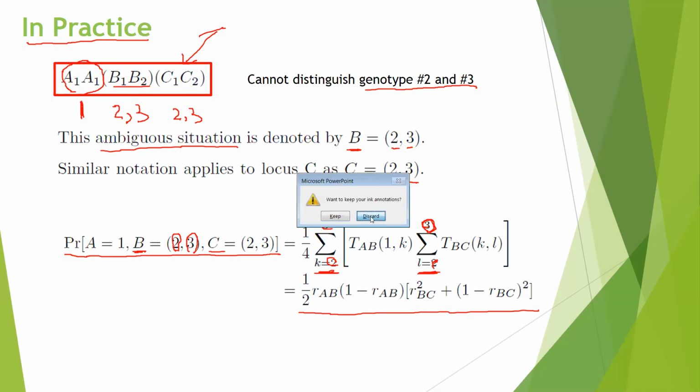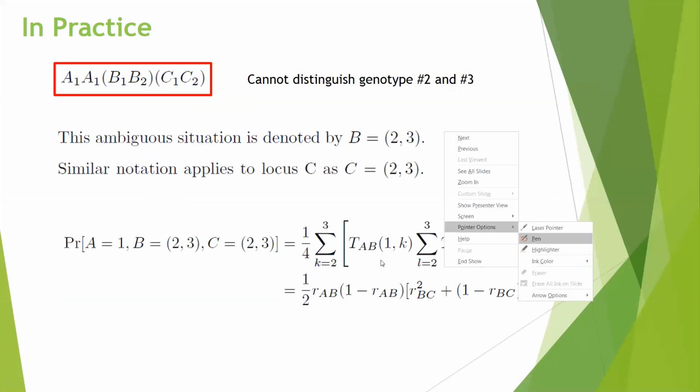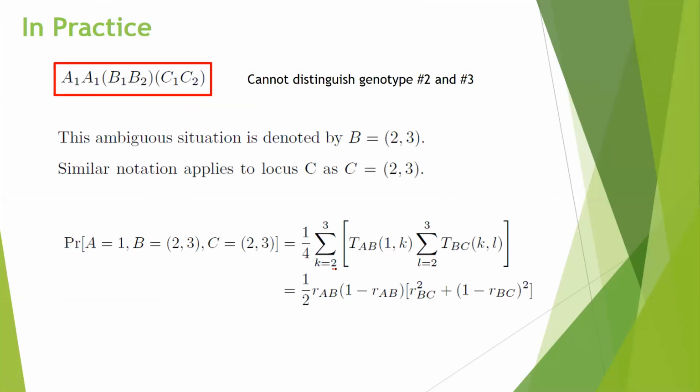What are the numbers next to the sum symbol again? You mean the 3 and k? Yes. Because if we knew this is 2, not 3, we wouldn't do the sum, we would just calculate k equals 2 for locus B. But because we see this genotype, it could be 2 or 3.